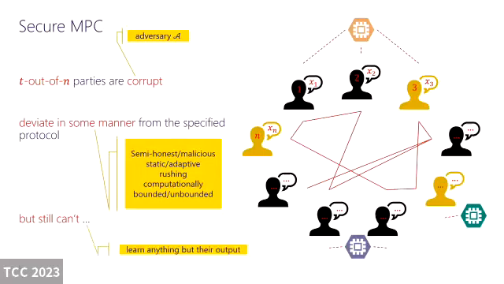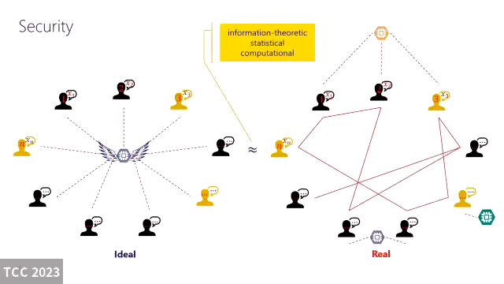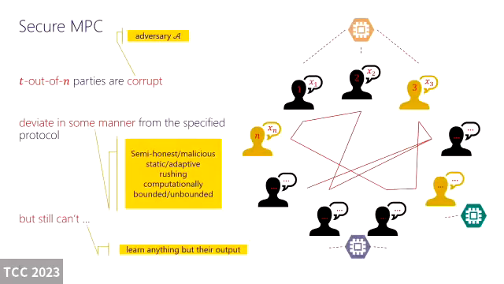To capture the security offered by pi, we require that the adversary, despite controlling T parties and having access to their views, cannot learn anything more about the inputs of honest parties, apart from what is revealed from their own outputs.